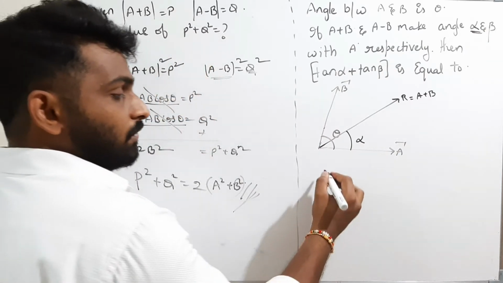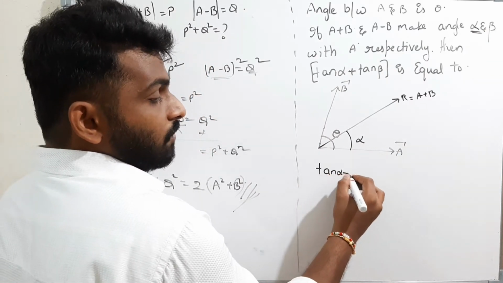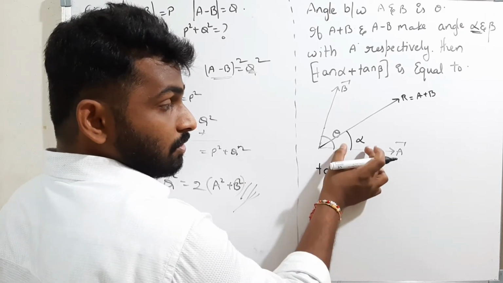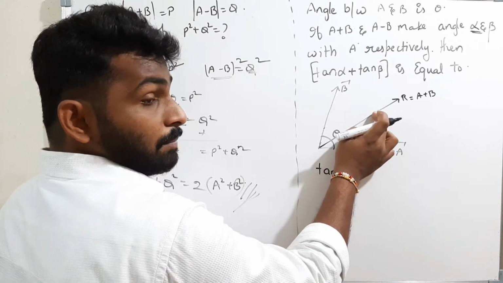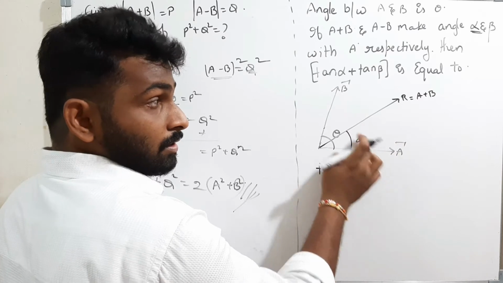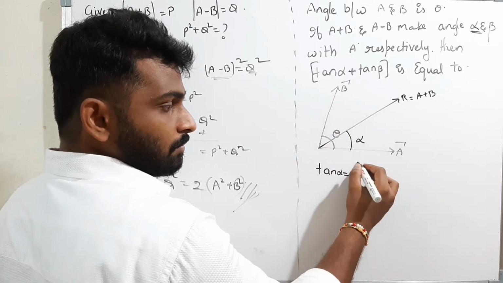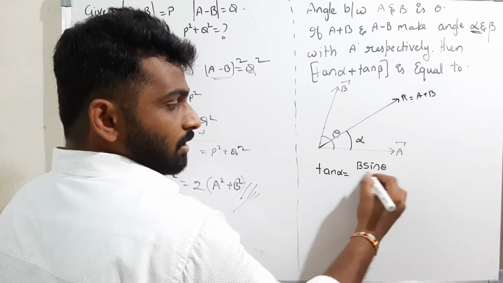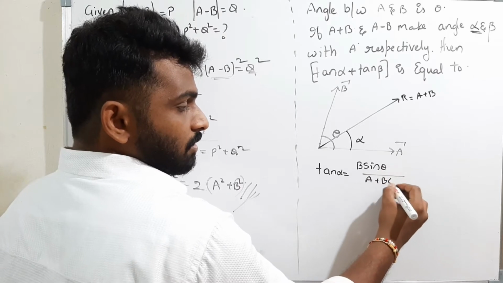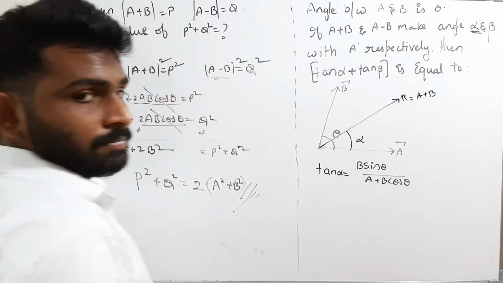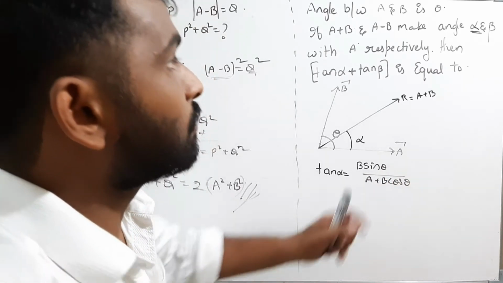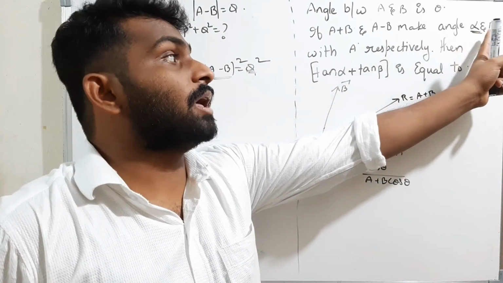Now what is the value of tan alpha? We know the direct formula. Tan alpha is equal to, if I want to find the angle made by the resultant with the A bar, then first will come B, therefore B sin theta by A plus B cos theta. Now A minus B makes an angle beta.